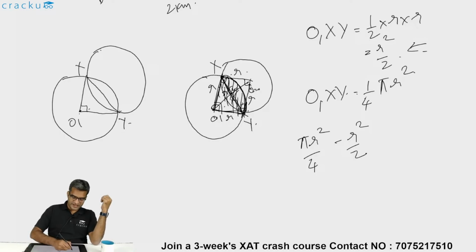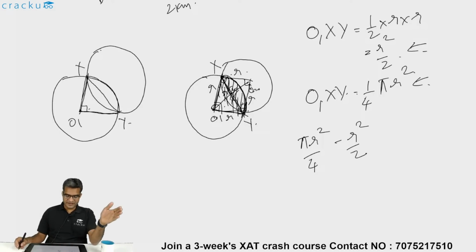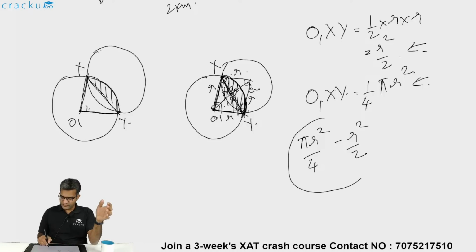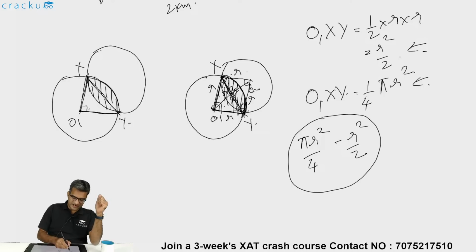Then you are calculating the area of the sector, this sector. That will be pi R square by 4. If you're subtracting from the area of the sector the area of this triangle, you're going to get this particular area. That will be pi R square by 4 minus R square by 2. You multiply it by 2 to add even this side's area. That will be pi R square by 2 minus R square.